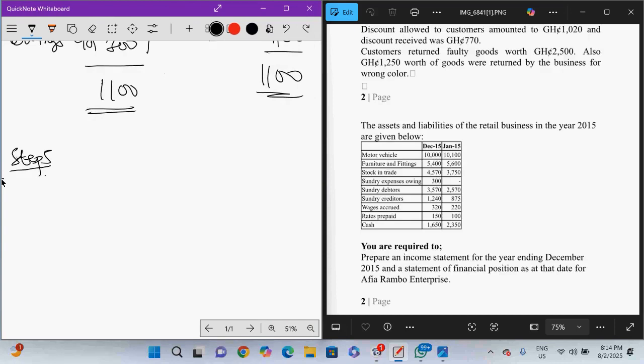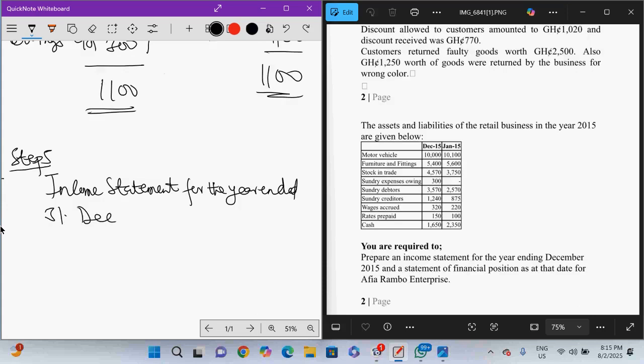Income statement for the year ended 31st December. So here it is 2015. I think the date now is 15 instead of the 18 that I used. So it's 15.